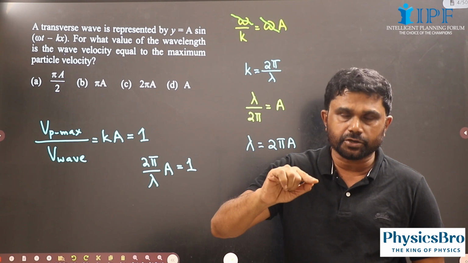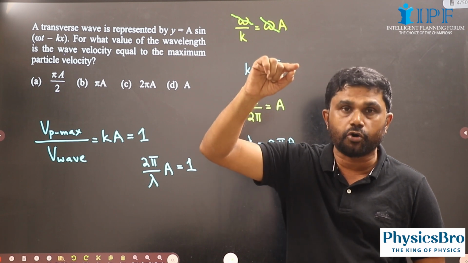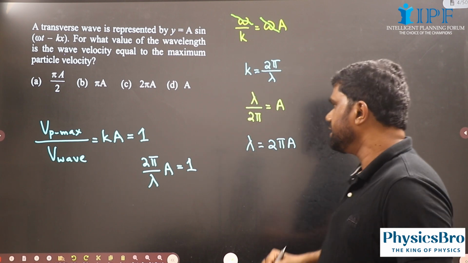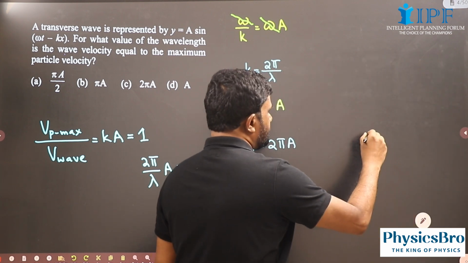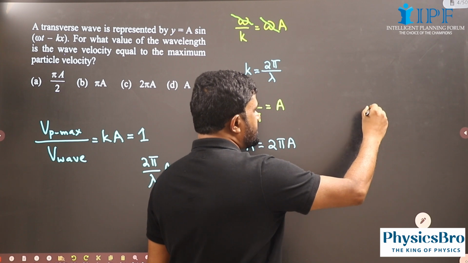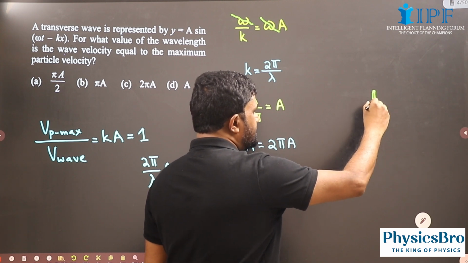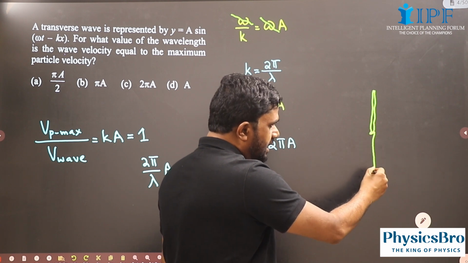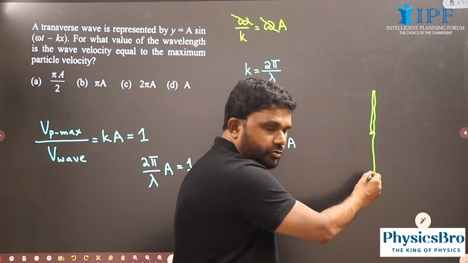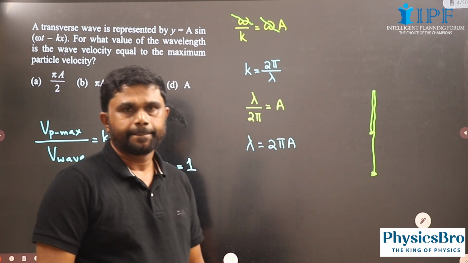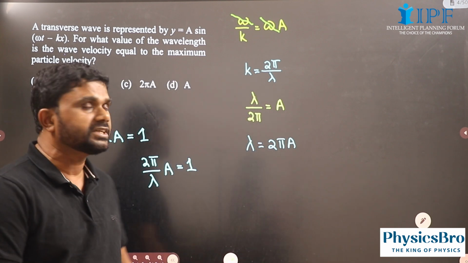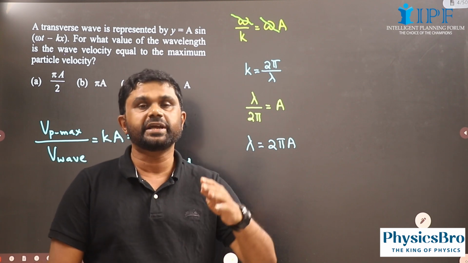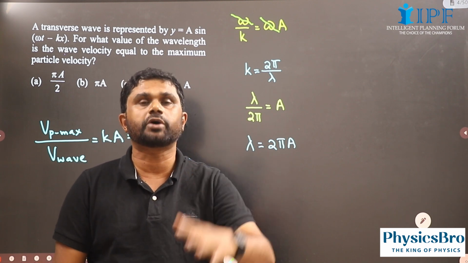As it moves from the mean to the extreme position, its velocity goes on decreasing, and at the extreme position the velocity is 0. Then it increases and becomes maximum at the mean position again, and falls to 0 at the other extreme. So a particle executing simple harmonic motion moves with variable speed, maximum at the mean position and 0 at the extreme.